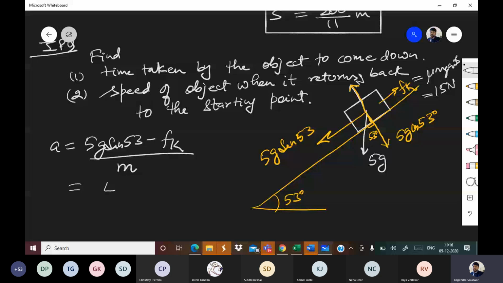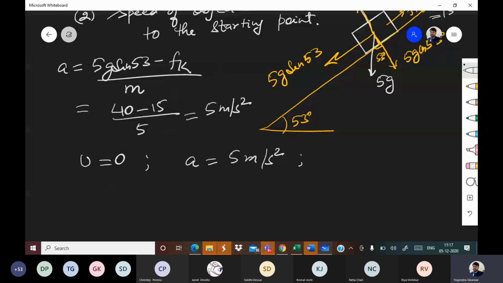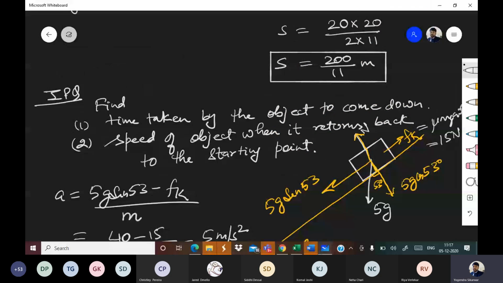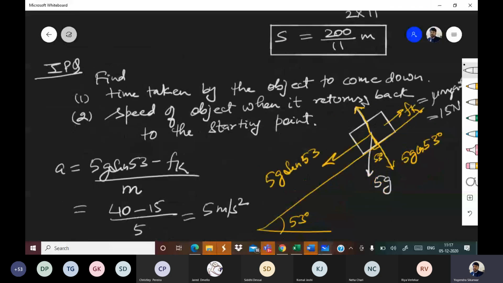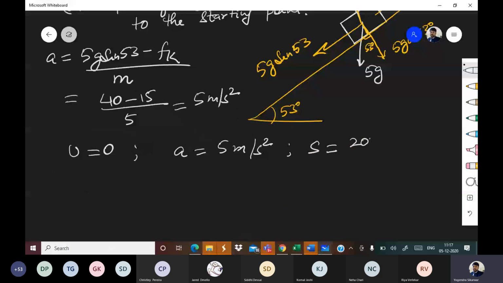So U is equal to 0. Why? Because when it is starting from the topmost point, initial velocity is 0. A is 5 meters per second square. S, displacement: if you see the previous question, S was 200 by 11. So the distance which it has gone up, it will come down by the same distance.